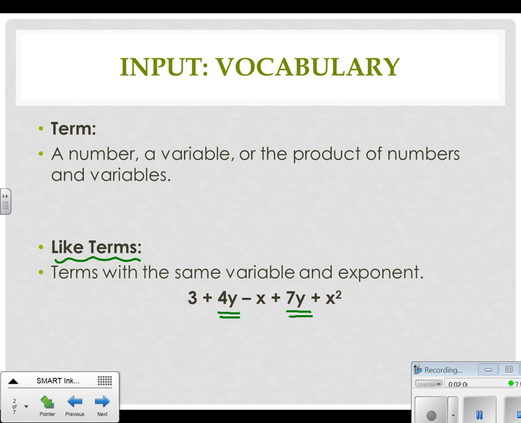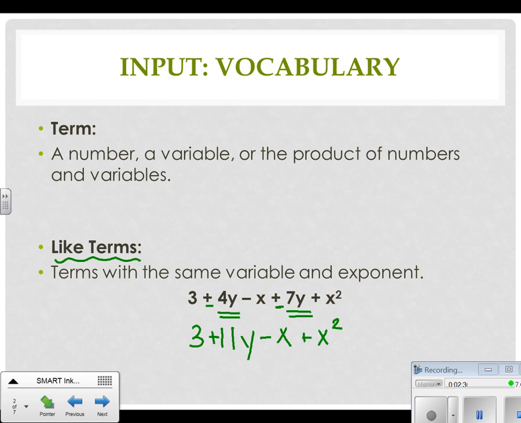Since they both have y's to the first power, we can put them together. It says a +4 and a +7, so we're going to do 4 plus 7, which is 11, and 4y plus 7y gives you 11y. Now when we simplify this expression, we still have 3, and then plus because it's a positive 11y, minus x, and then plus x squared.